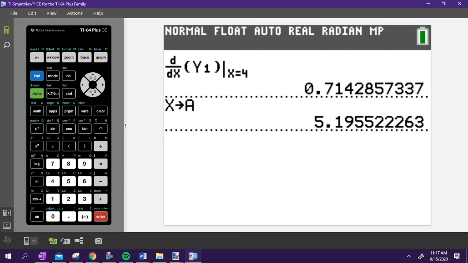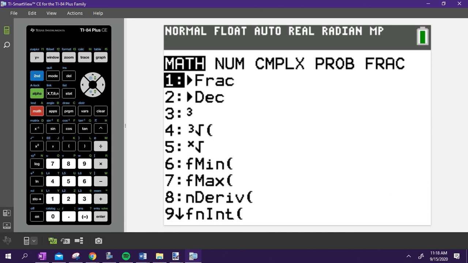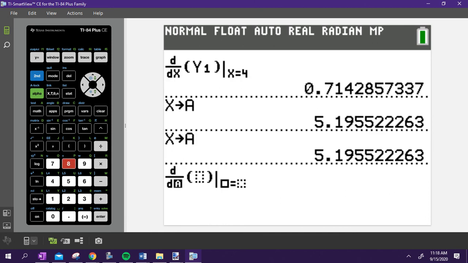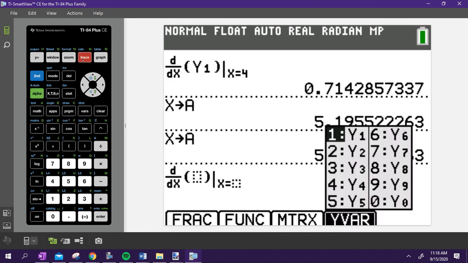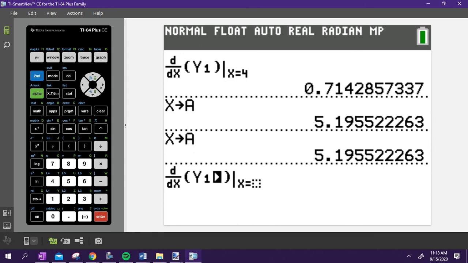I want to find acceleration. So what do I need to do with my velocity equation? Derivative. Math 8. Yes, sir. You take the x value, you just hit the x button, and then there's the store button right down there. Right here. And then go alpha A, and it'll save it for you. We're doing math 8, the numerical derivative of our equation at that value.